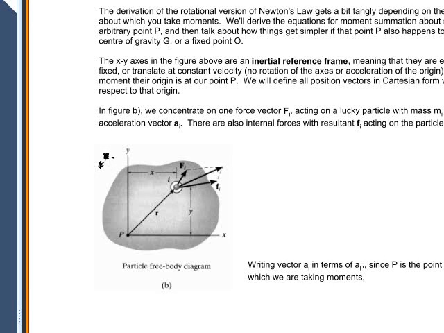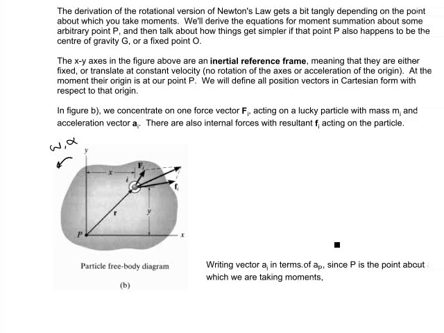Let's assume that our body has angular velocity and acceleration, and I'll make them both counterclockwise, although they need not be. So this little particle i has an acceleration vector, and it's acted on by capital F external forces and lowercase f internal forces from other nearby particles.